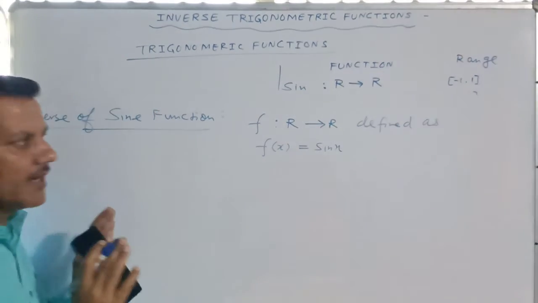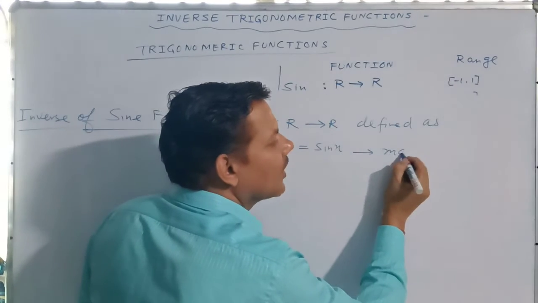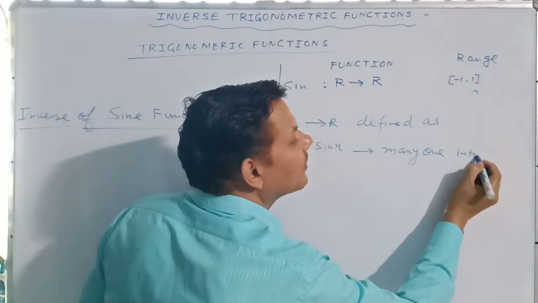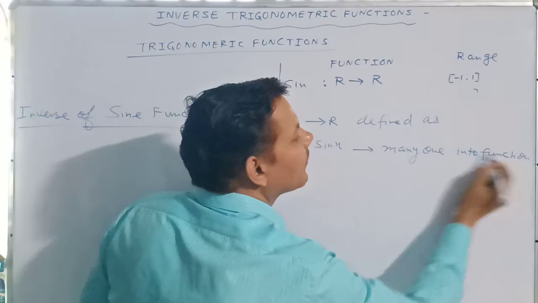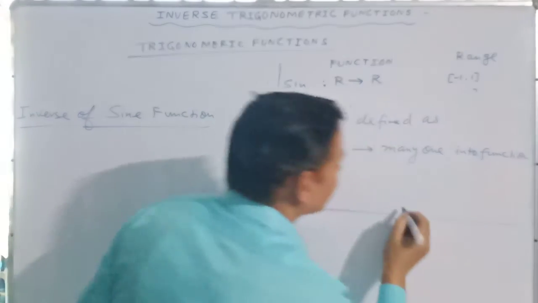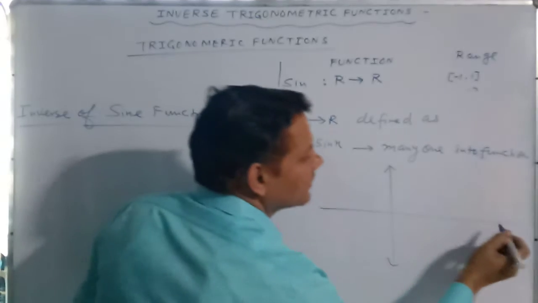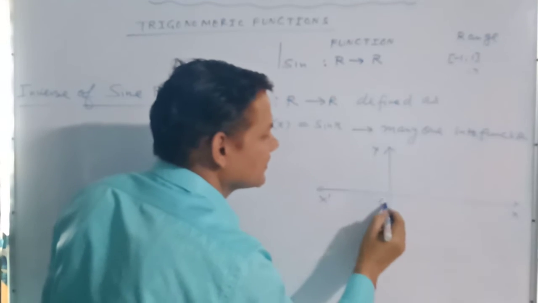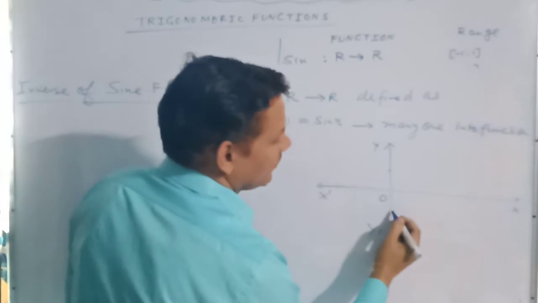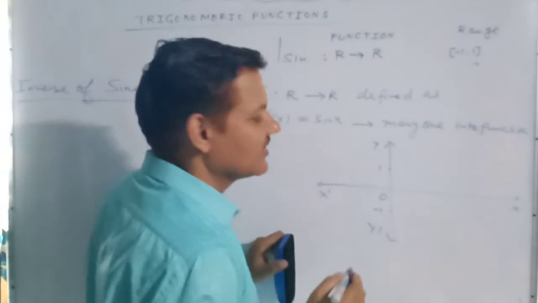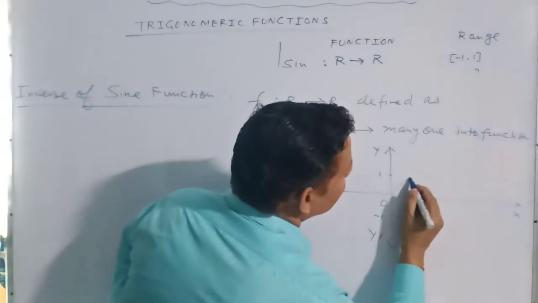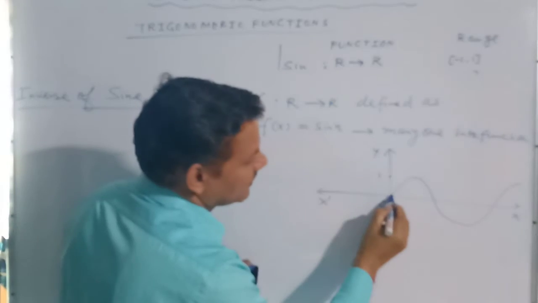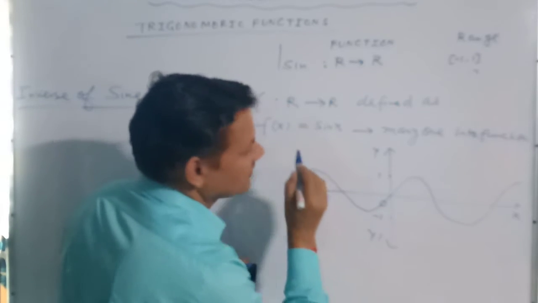Actually, this is a many-one into function. Why many-one? Since when we make the graph of the sine function, this is the x-axis and this is the y-axis, and this is 1 and -1. Then this is the succession, and so on.